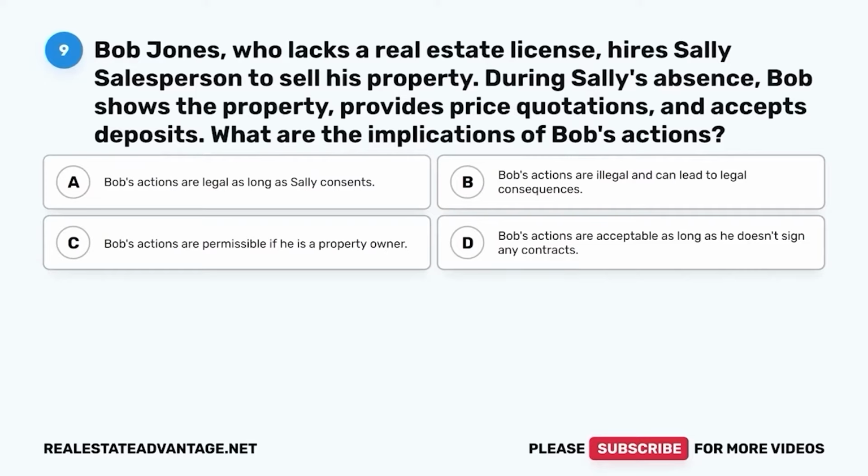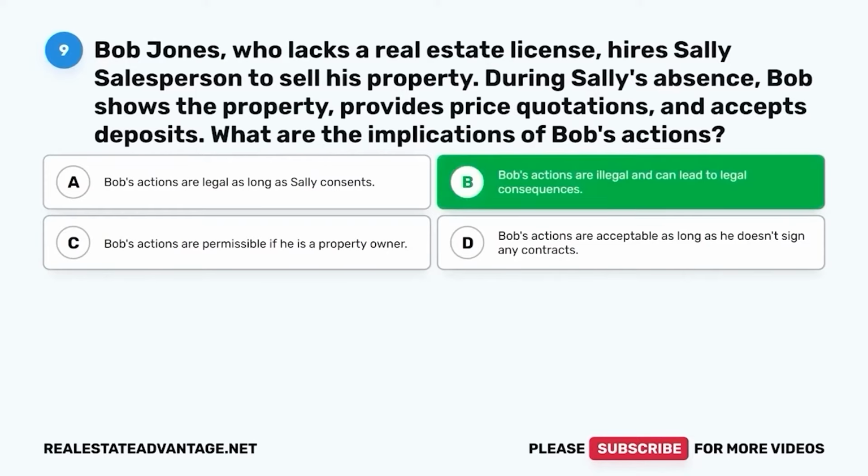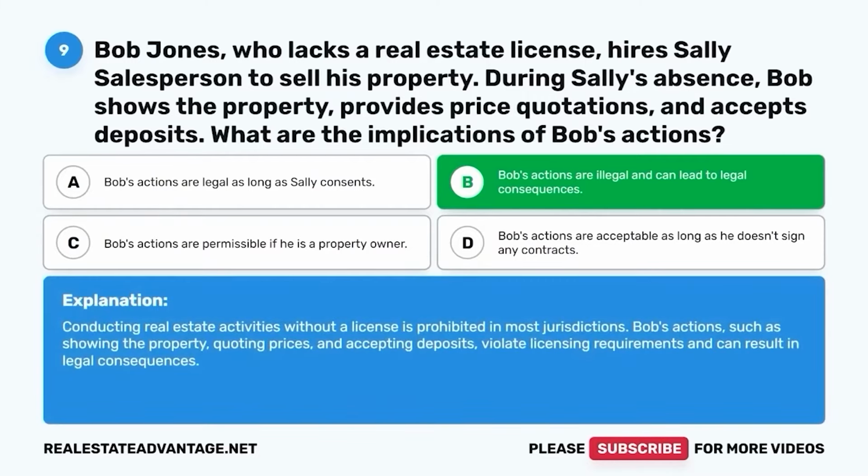C. Bob's actions are permissible if he is a property owner. D. Bob's actions are acceptable as long as he doesn't sign any contracts. The correct answer is B. Bob's actions are illegal and can lead to legal consequences. Conducting real estate activities without a license is prohibited in most jurisdictions.